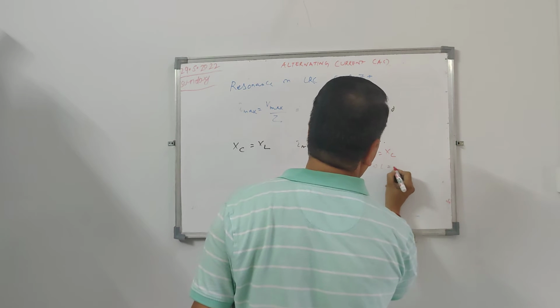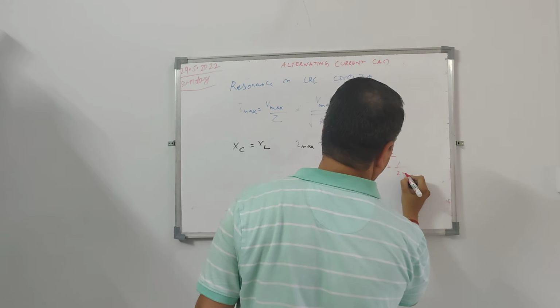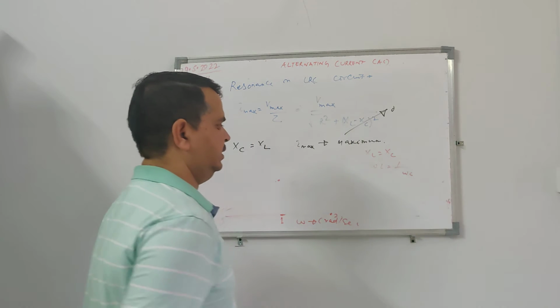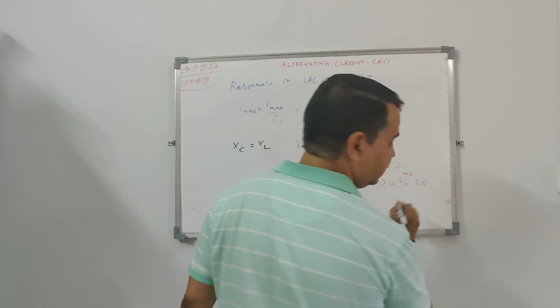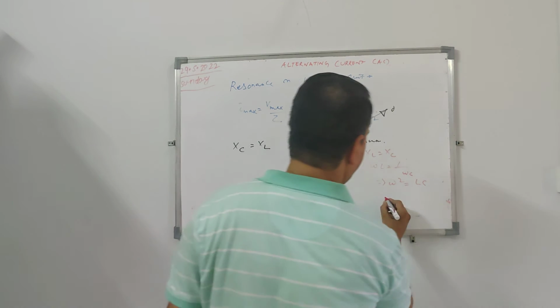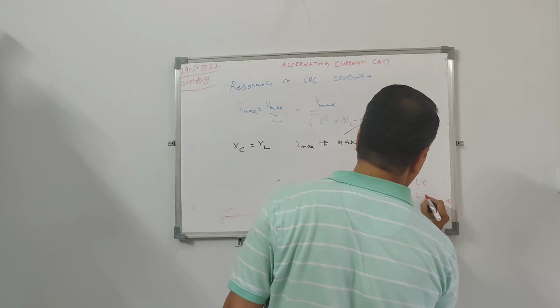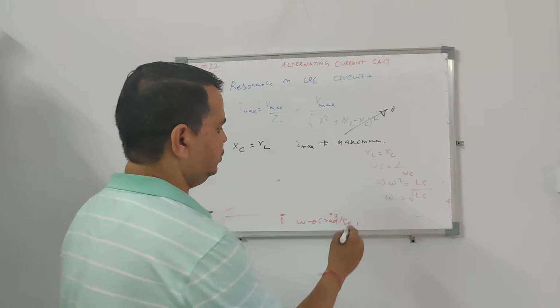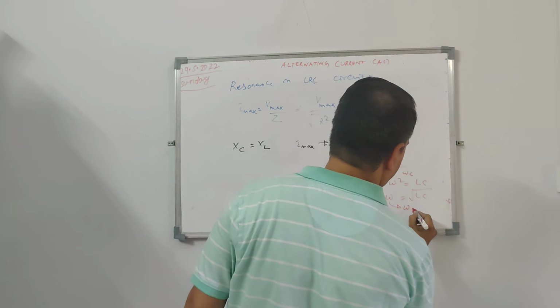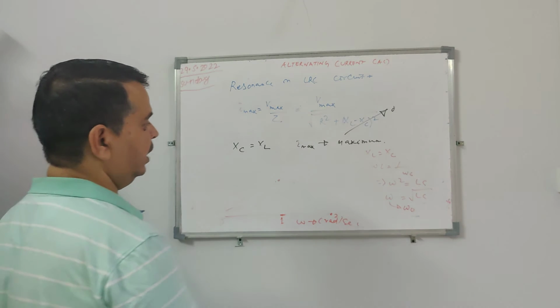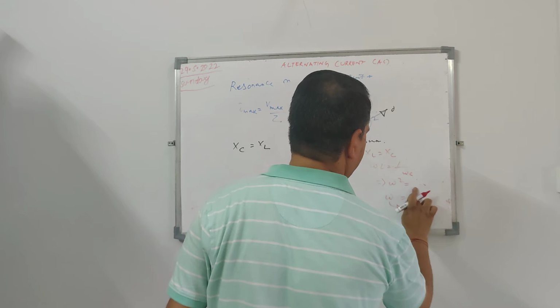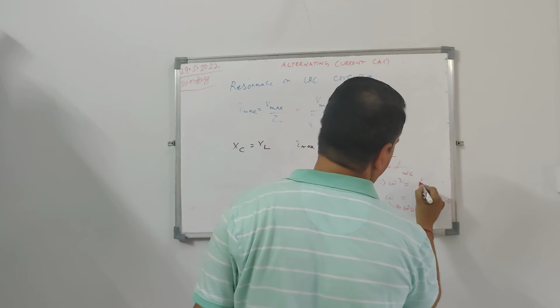It's omega L is equal to 1 by omega C, right? That means my omega square is equal to 1 by LC. Yes, you are right, 1 by LC.